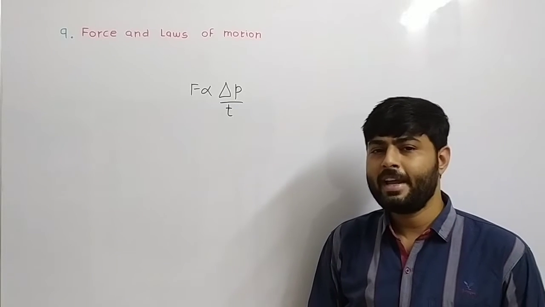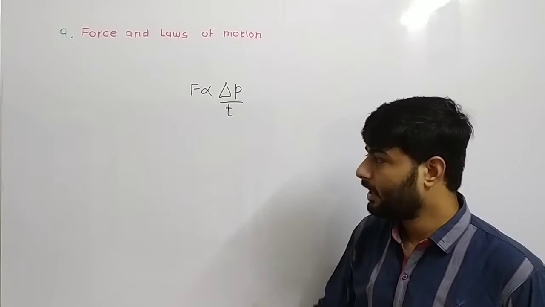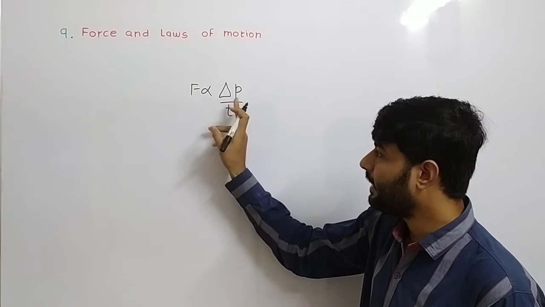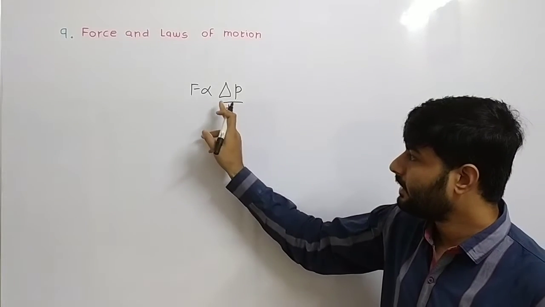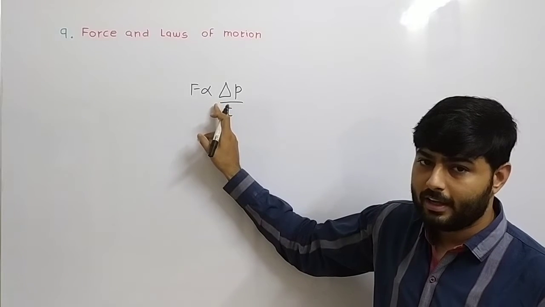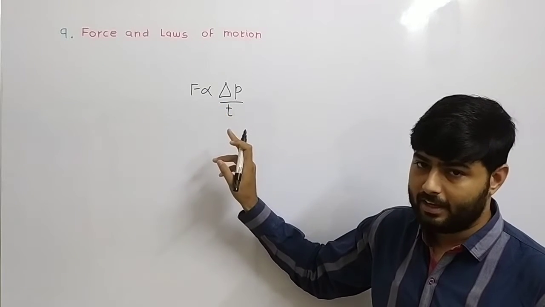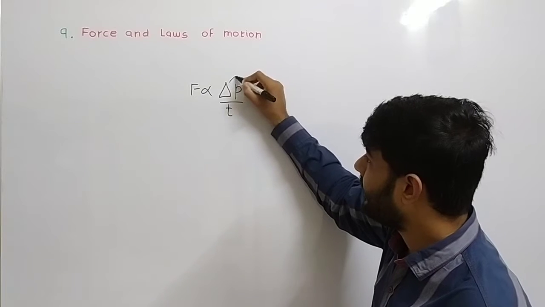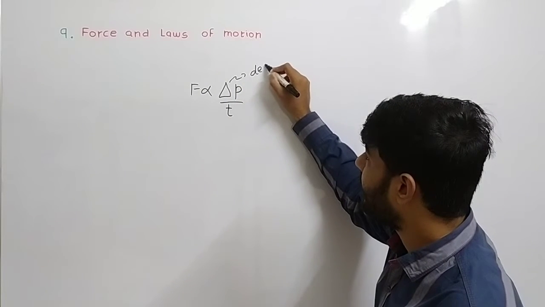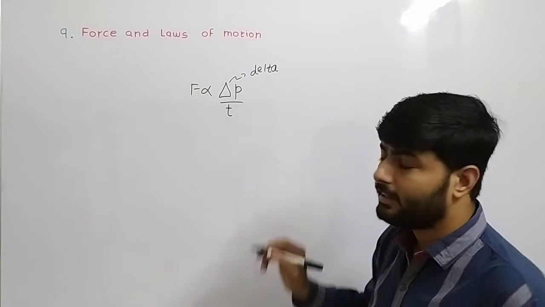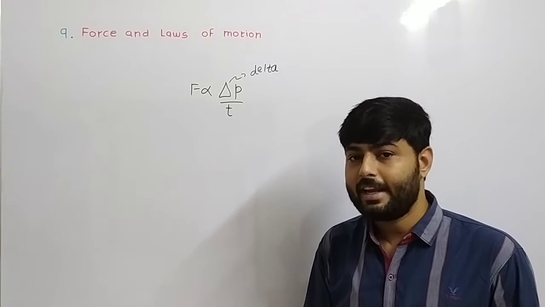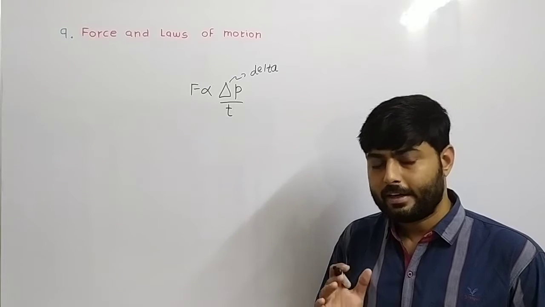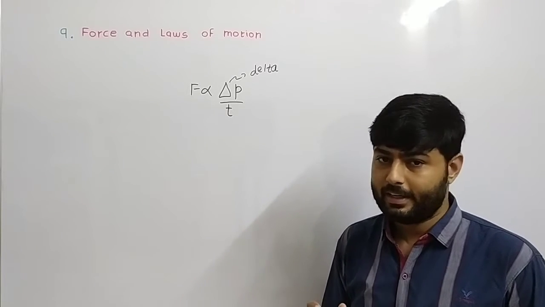Now you may get question that, sir, what is this triangle P? So I like to say that this triangle like symbol is read as delta. It is Greek letter delta, and this delta suggests difference in any quantity.